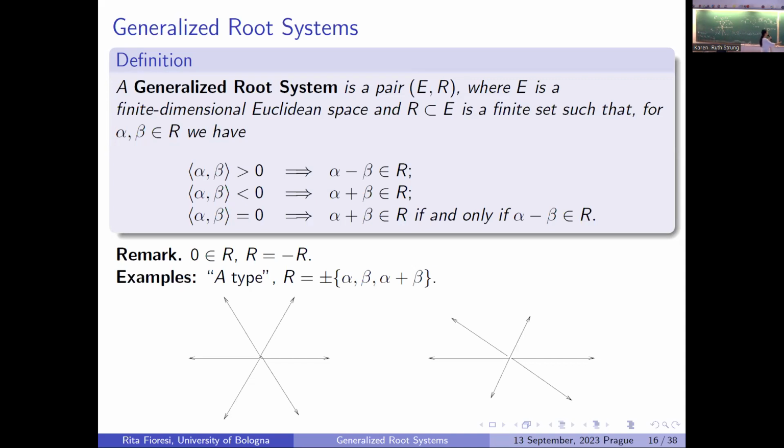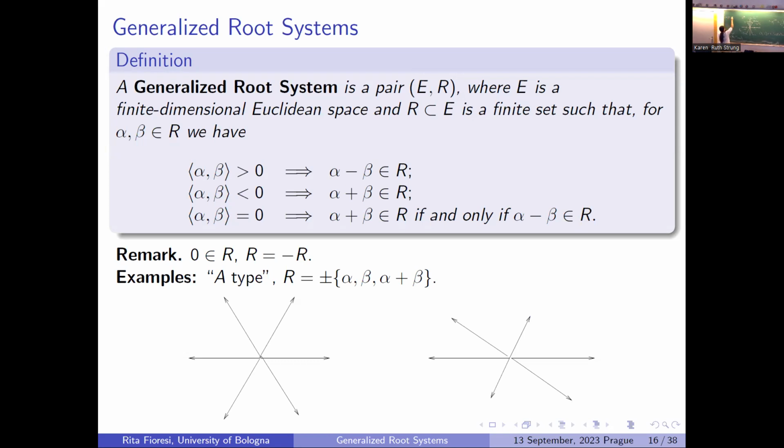But if you look, for example, at this one, it is not a root system, right? Because you don't have this root. So this is not an example of a generalized root system, just to tell you what is an example and what is not. And if you know Lie theory, you know that all root systems in Lie theory satisfy these three properties. So this is our definition. Perhaps I should write it here in a little corner because we're going to see this.